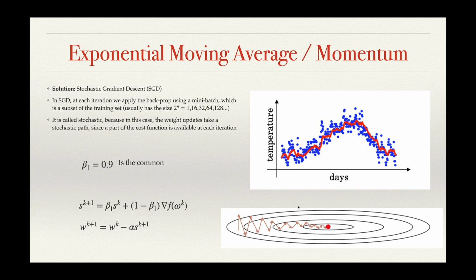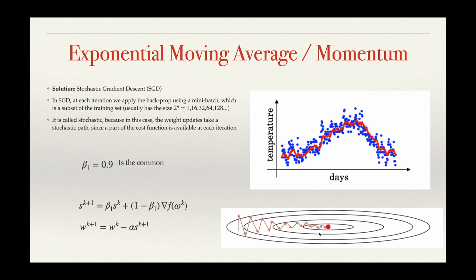If we have such a cost function like this one, which is asymmetric and kind of squeezed, which means if we start from there, the model would do a lot of oscillations along the y-axis here, and it should actually not do this oscillation and should go directly in the direction of x, or actually it needs to reduce oscillations.